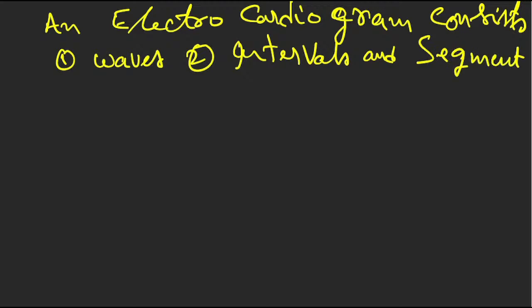So it consists of waves. First one is waves and second one is intervals. Third one is segments. First we can take the electrocardiogram diagram.